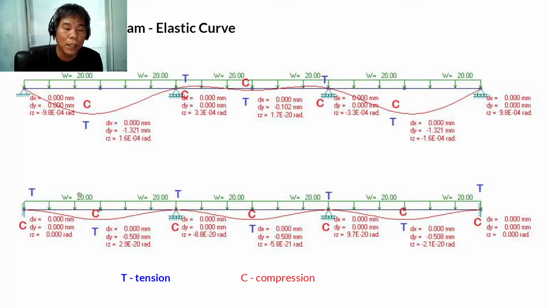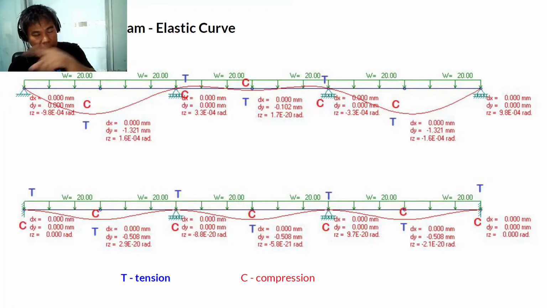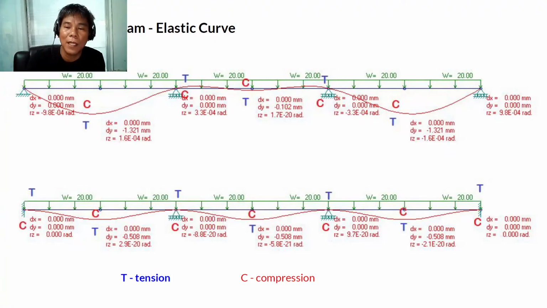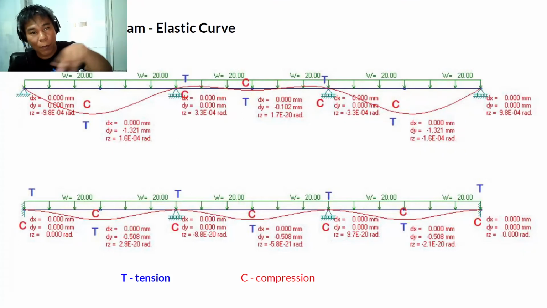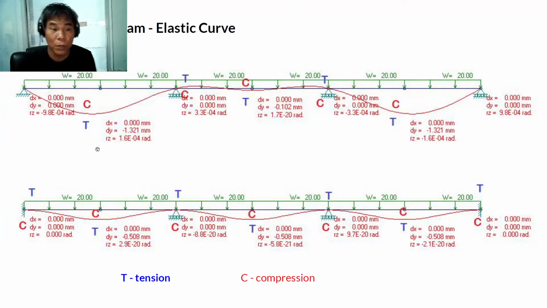But I want you to see the real elastic curve so that you will be able to determine asa ang tension or compression. So, siyempre, kung concave upward, ang tension nasa ubos, compression sa taas. Concave downward, tension sa taas, compression siya sa ubos. So, nakasulat diri, compression C, pula, tension T, blue.